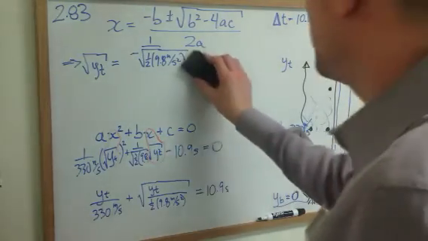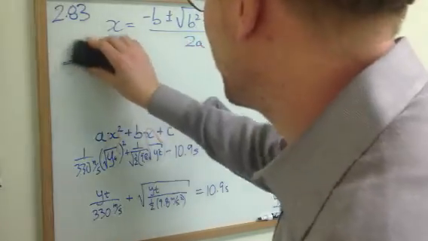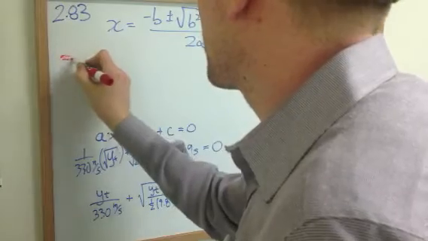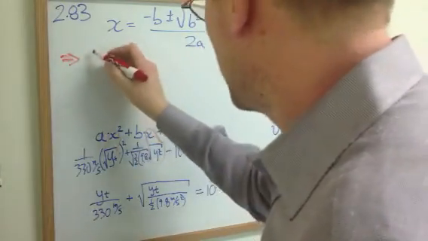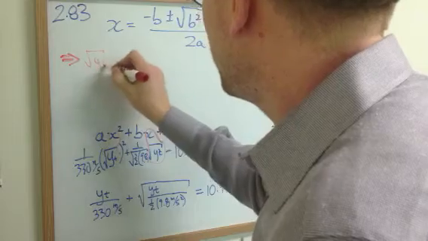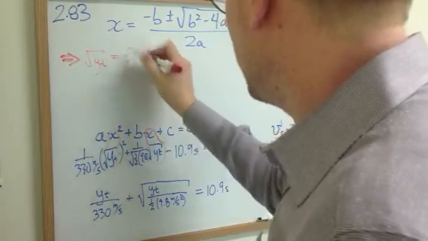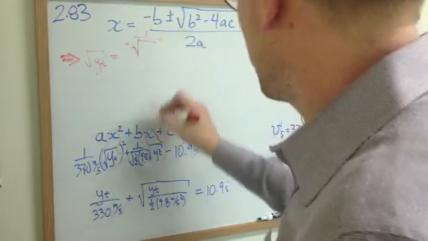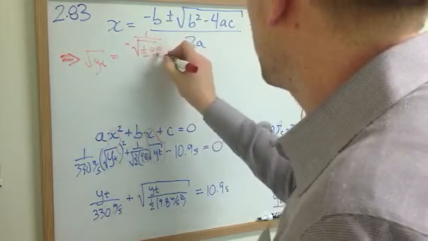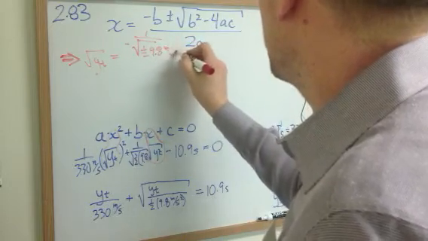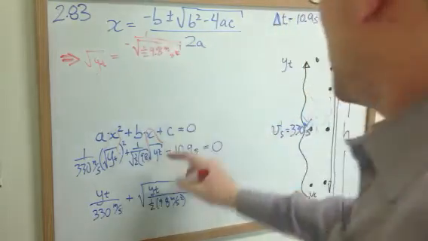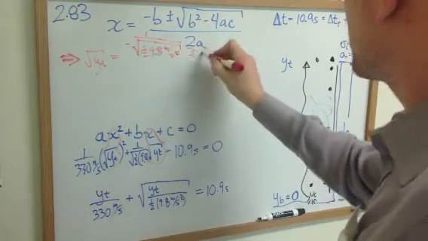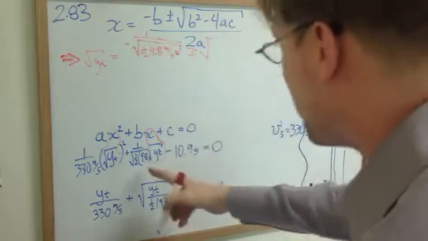Actually, I'm going to write exactly the same thing but in a different colored pen, so it's not mixed in with this equation above. We have square root of yt is equal to negative b, which is negative 1 over the square root of 1/2 9.8 meters per second squared, plus or minus the square root of b squared. This is b again.